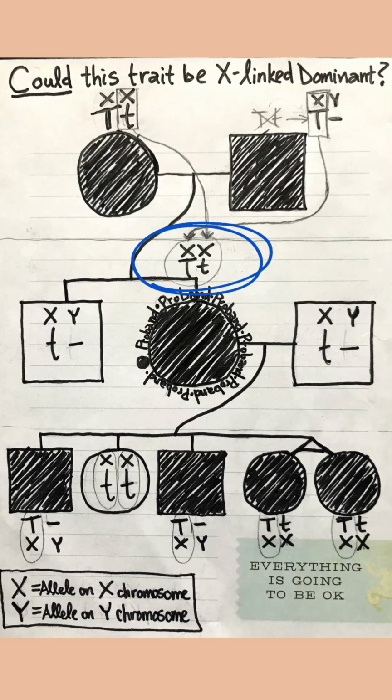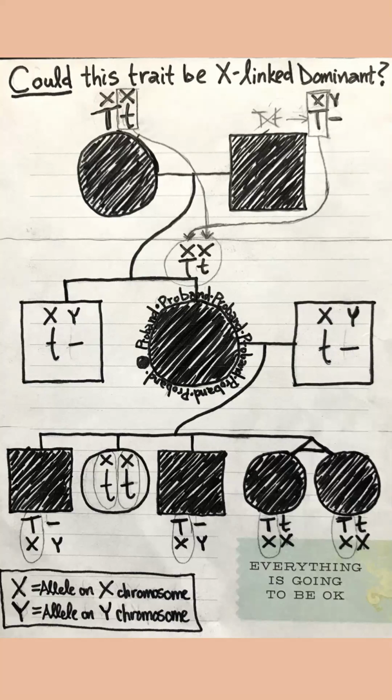In this instance, the XX parent of the proband is the one contributing the recessive allele for this trait, and the XY parent is the one contributing the dominant allele. If I look at the proband's elder sibling and also change them to hemizygous, that also still works, because they're receiving that recessive allele on the X, and that is possible.